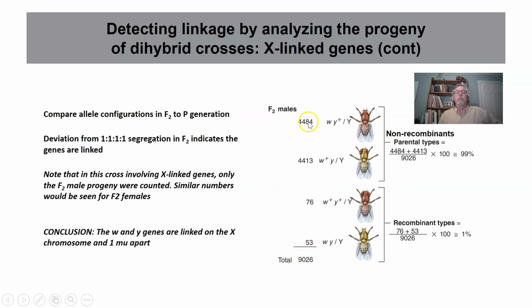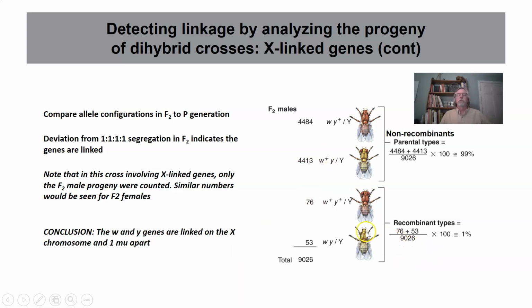Whenever you see from a dihybrid test cross two phenotypes in relatively high frequency and roughly equal in frequency, those are the parental non-recombinants. And whenever you see two phenotypes very rare but also equal to each other, those are the recombinant phenotypes. So the main conclusions would be this. We definitely do not see a 1-to-1-to-1-to-1 ratio in the F2. And so that indicates that these two genes, the W and the Y gene, are linked.